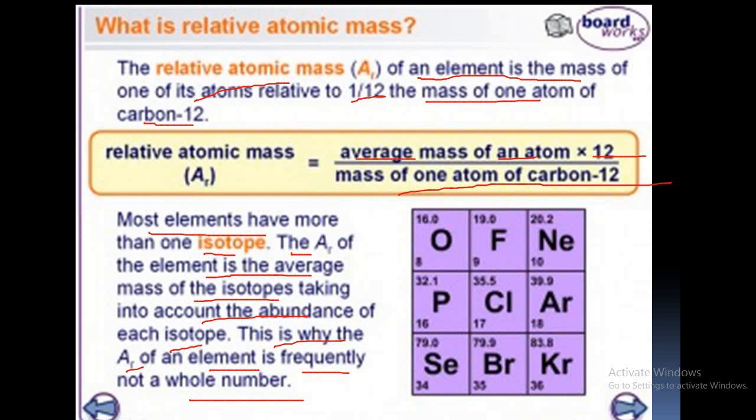Here you can observe for phosphorus it is 32.1, for chlorine it is 35.5, for argon it is 39.9, for selenium it is 79. So it is not a whole number, it is fractional.